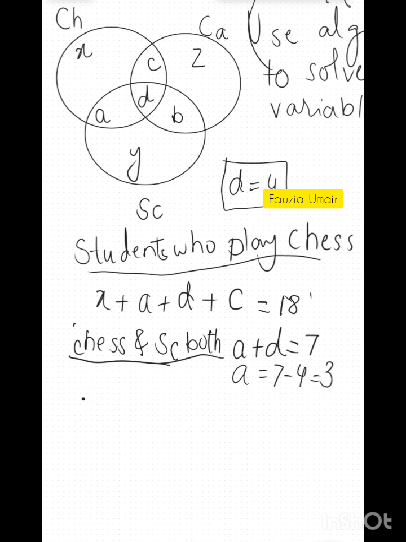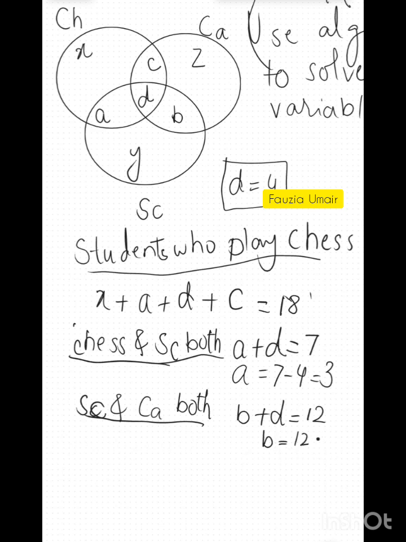Now if I write the equation for students who play carom and Scrabble both, you can see there are 2 areas in which these students come. So the equation is B plus D is equal to 12. This is also given in the question. So B would be equal to 12 minus 4, and B is 8.